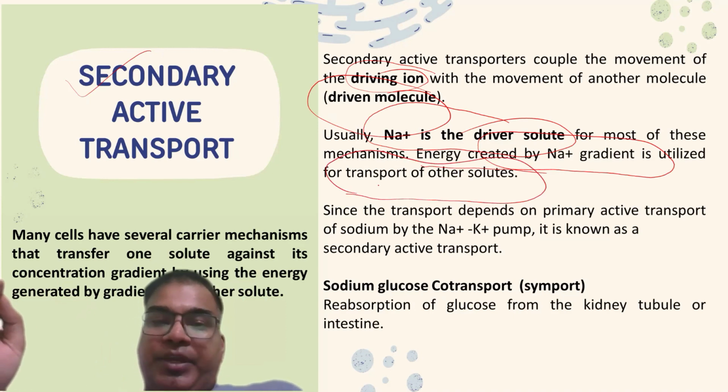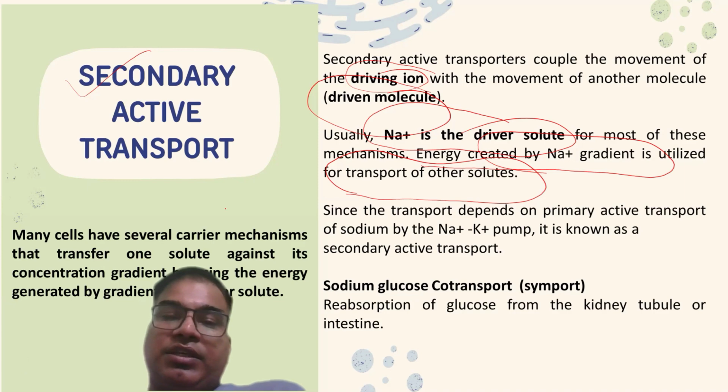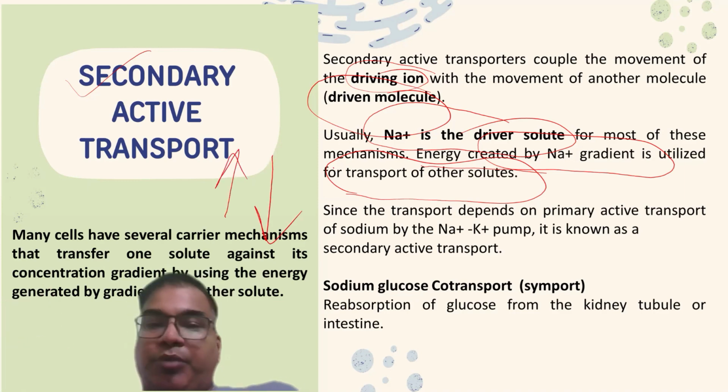In primary active transport, basically energy was used directly and ions were moving across the membrane. It could be in the same direction or in the opposite direction.